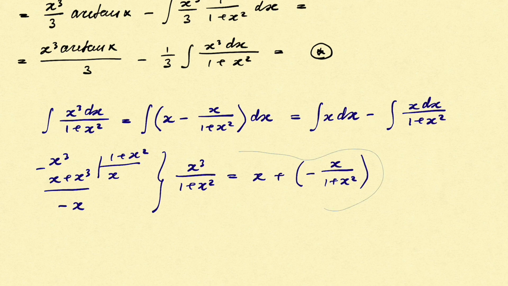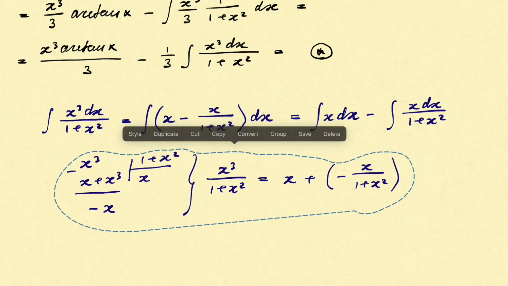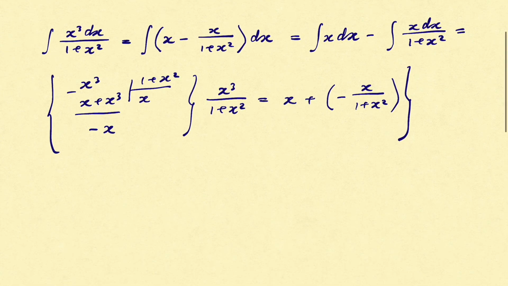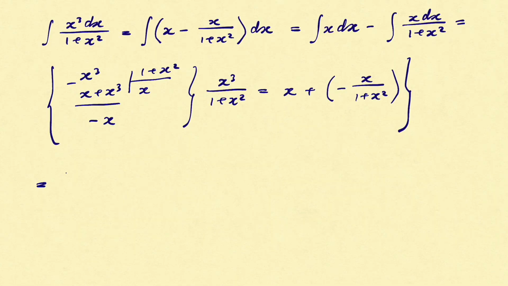For the sake of convenience, I'll do the following. This is equal to first integral of x dx, which is x squared over 2, minus the integral of x over 1 plus x squared.